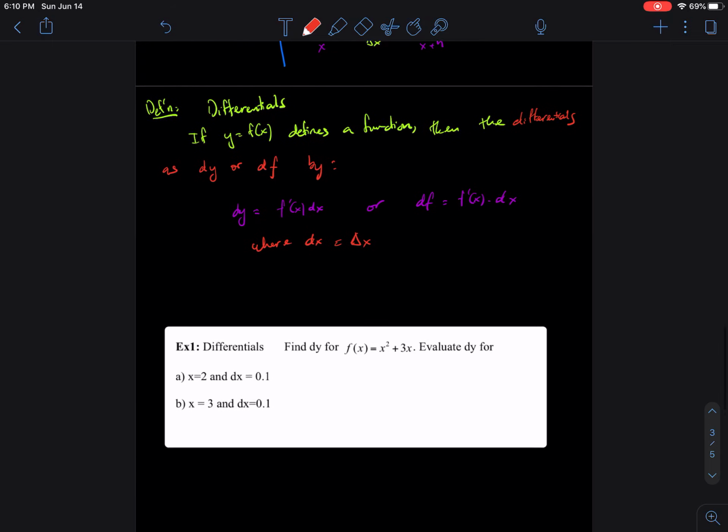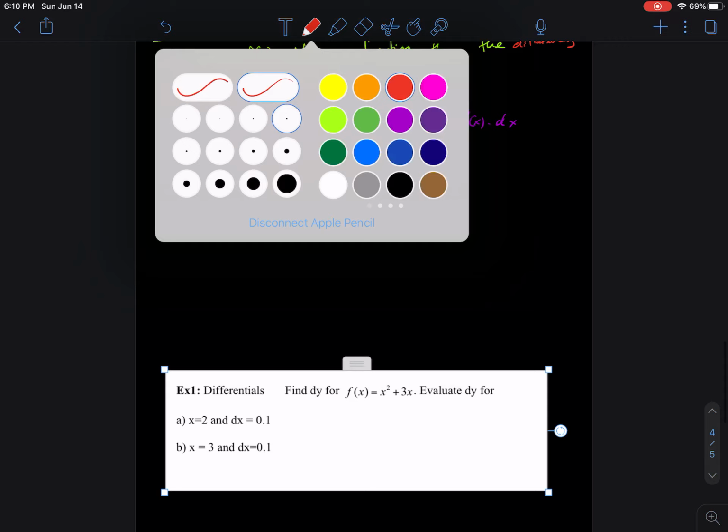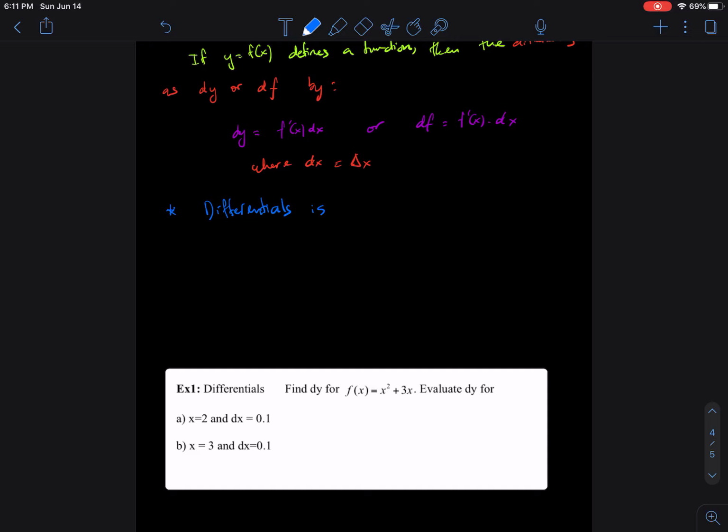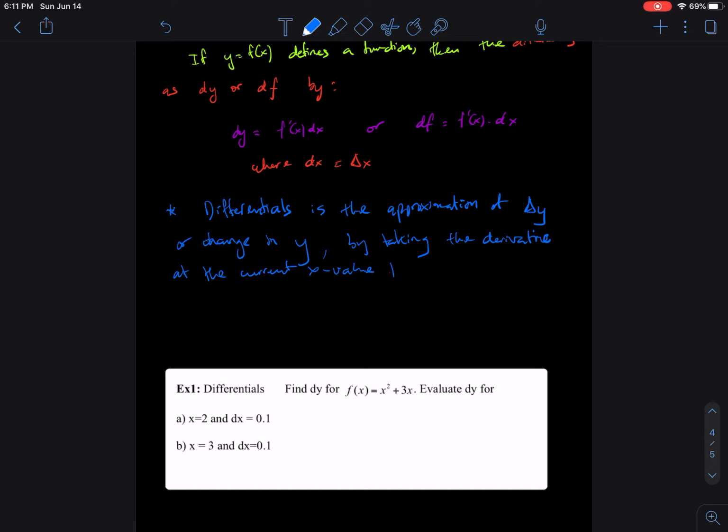So in other words, differentials is the approximation of delta y, or change in y, by taking the derivative at the current x value, times the increment, which is delta x.